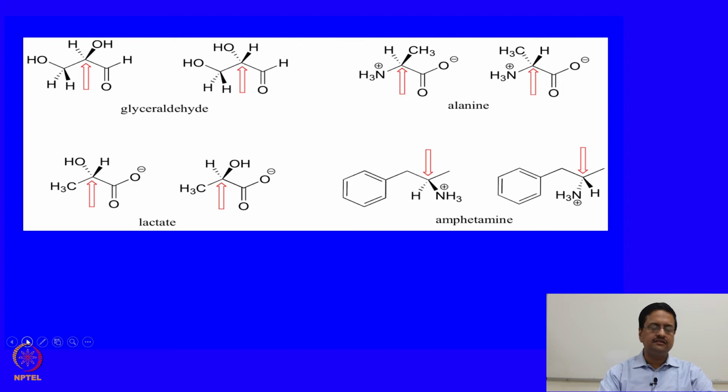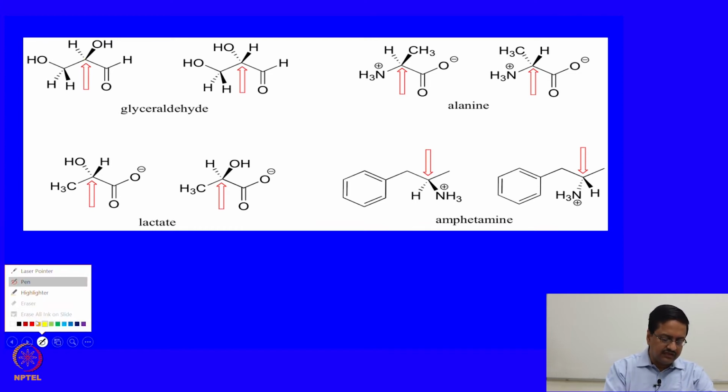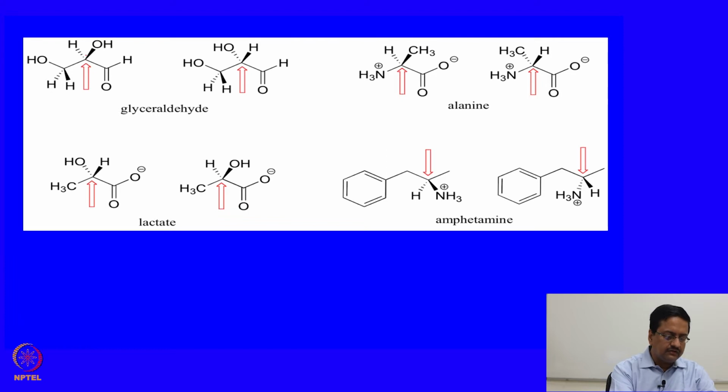So here in these few molecules which we have shown, if you look carefully at this bond shown with the arrow, at this point we have four atoms, and the way the OH group and hydrogen atom are connected is different. So these two compounds are two different compounds.